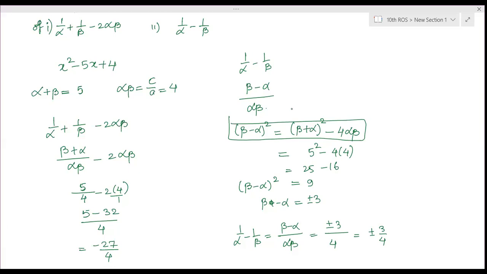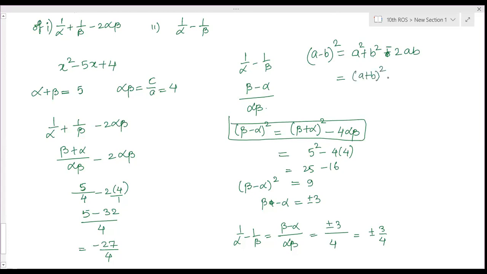Ma'am, isn't it a minus b whole square? So how did 4 alpha beta come? I have explained this multiple times, last year also. a square plus b square is a plus b whole square minus 2ab.